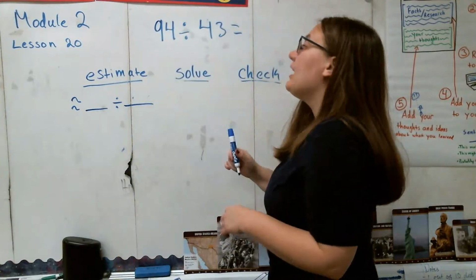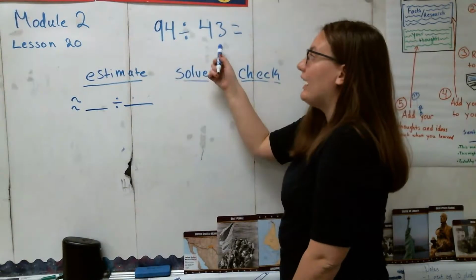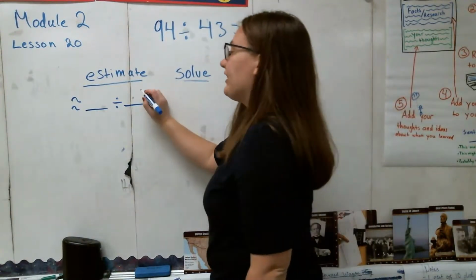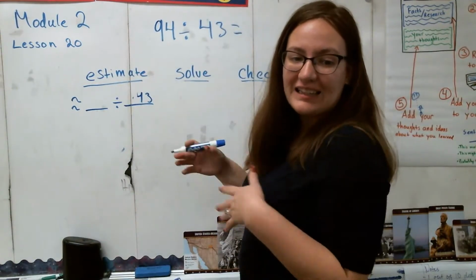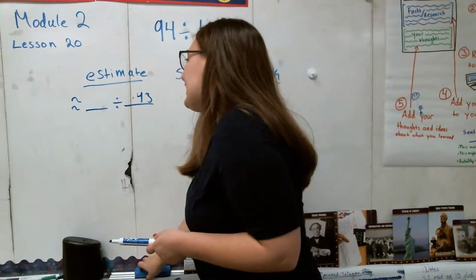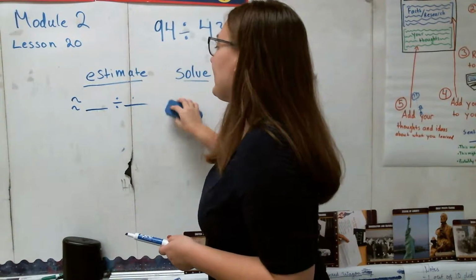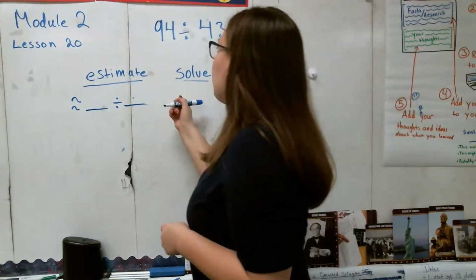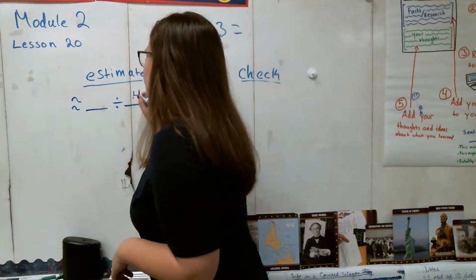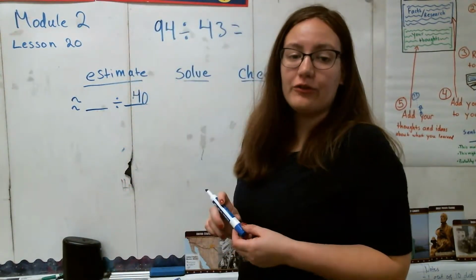And remember, I need to round this number, this 43, because I'm not just going to write 43 right here, because that would be difficult for me to estimate and divide. So I need to change this number to something that I could easily divide by. So I'm going to try 40 and think about what are my multiples of 40.